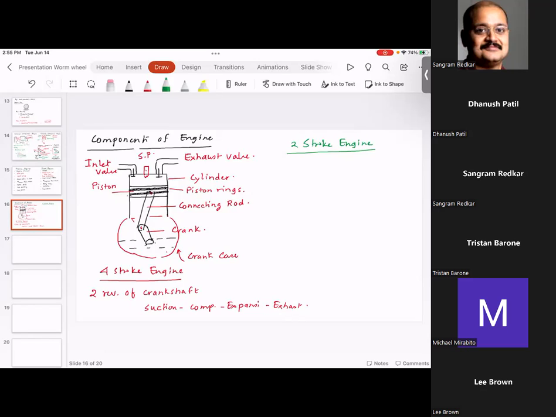So think about it like, as the suction is happening on one side, the compression is happening on the other side. In the case of a 2-stroke engine, we don't have valves, but we have ports. So there is something like a transfer port.